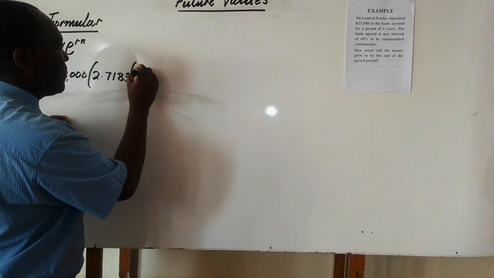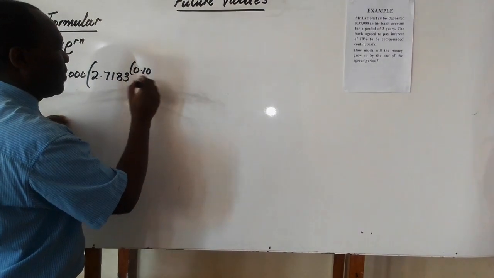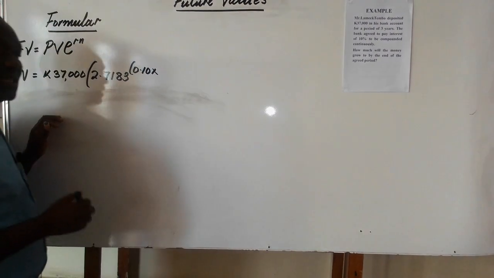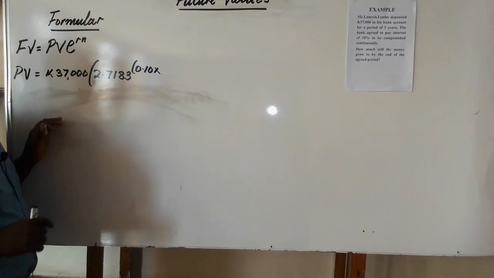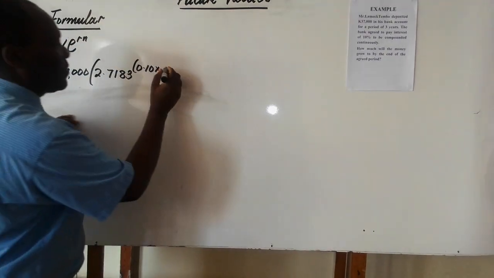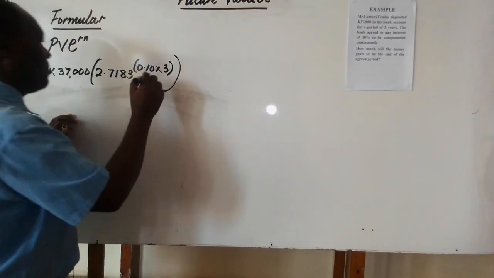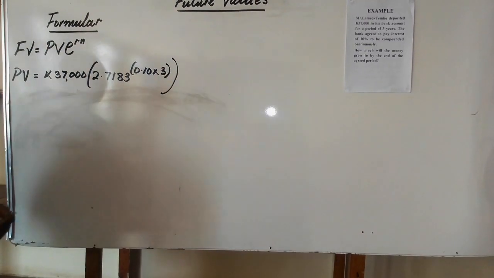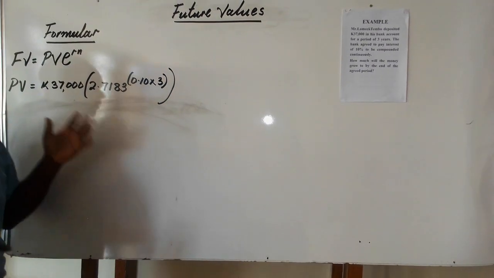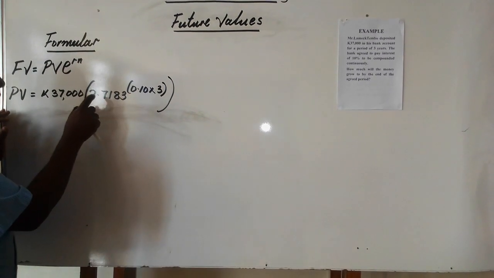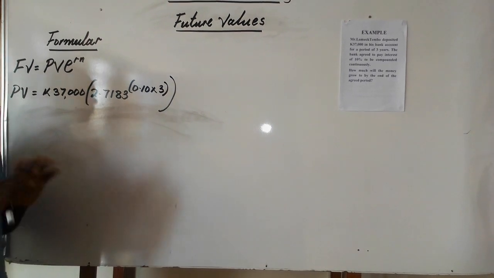Then the r, which is our rate, you open a small bracket on top: this is 0.10 multiplied by the number of years. In the question we are given 3 years, so it will be multiplied by 3. You close this bracket and you close the bigger bracket like this. The first thing that you do when you are solving, don't start with this and this. It will be wrong.